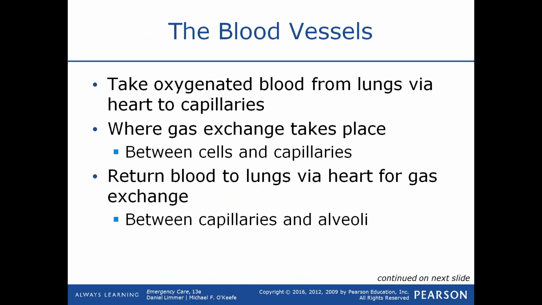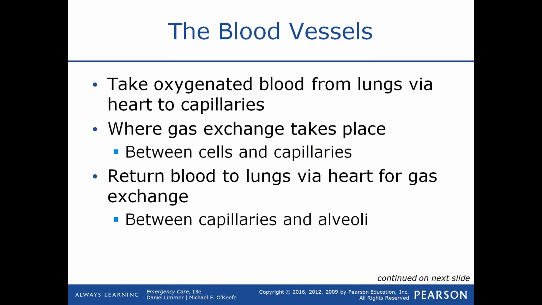Now, the blood vessels take blood from the heart to the lungs and the capillaries. So the right side of the heart receives blood from the inferior and superior vena cava, the two large veins in your body. And that unoxygenated blood gets pumped through the pulmonary arteries, the only place in the body where arteries carry unoxygenated blood.